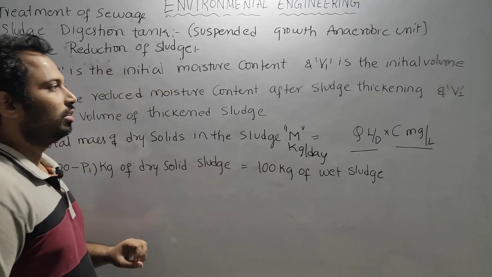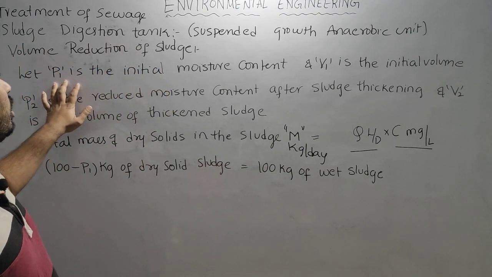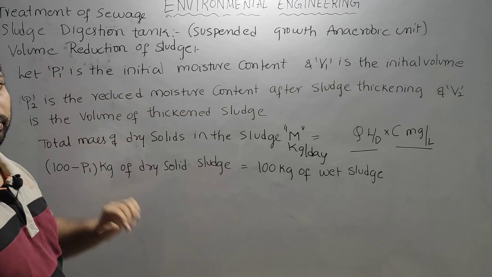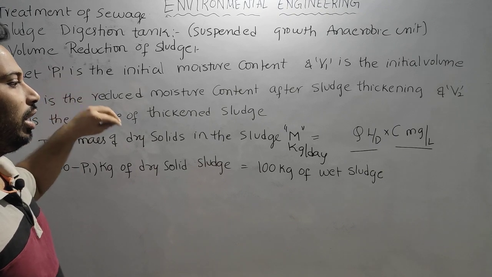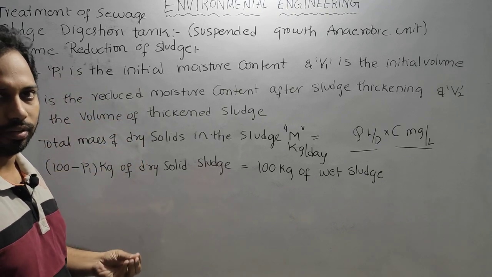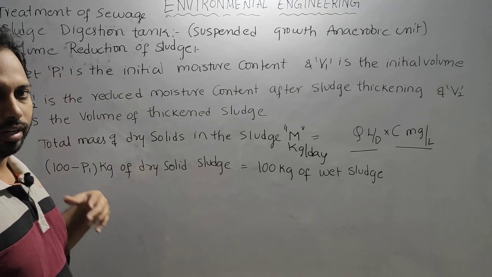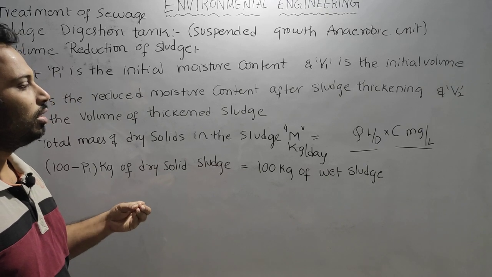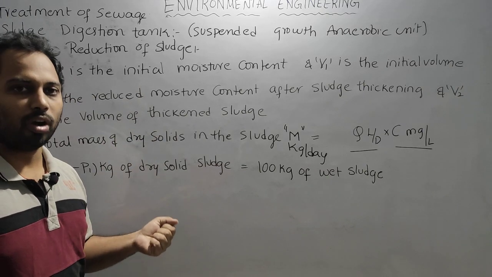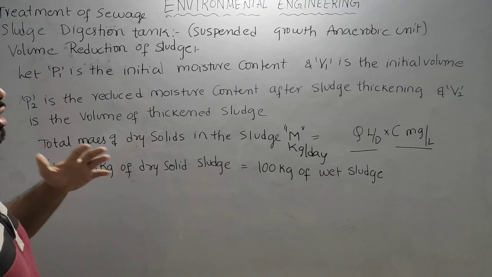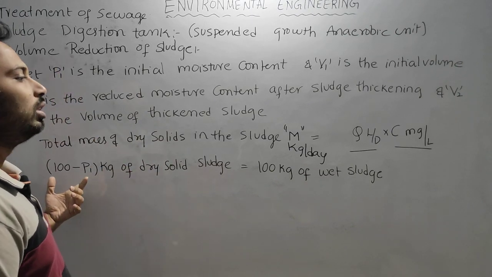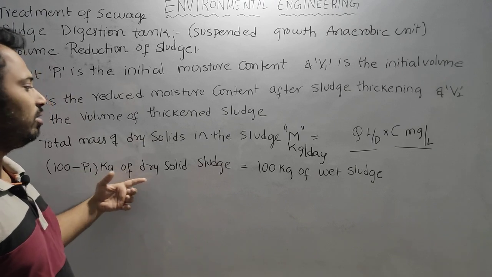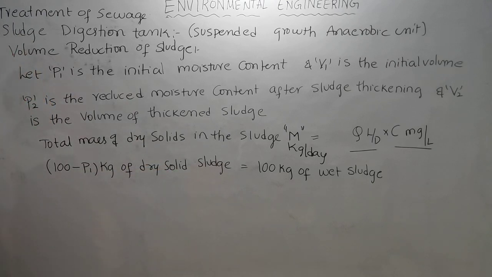So P1 is the initial moisture content. If you are taking 100 kg of wet sludge, the wetness, that is the moisture, is P1 and the solids content, that is dry sludge, is 100 minus P1. So 100 minus P1 kg of dry solid sludge will produce 100 kg of wet sludge.